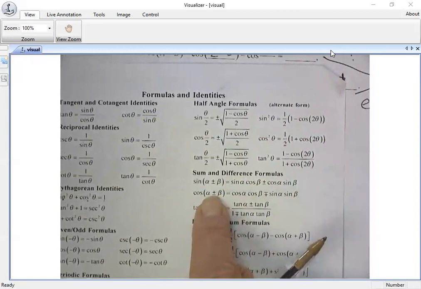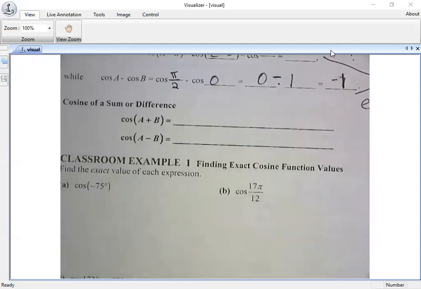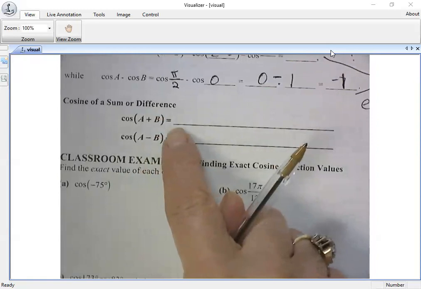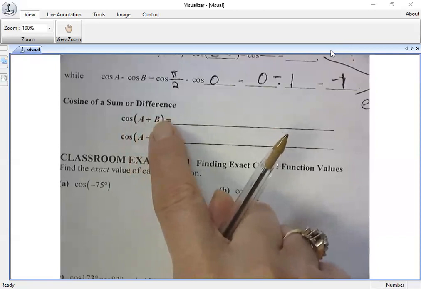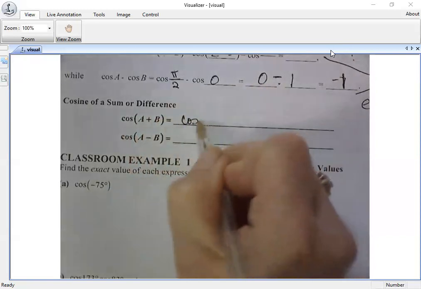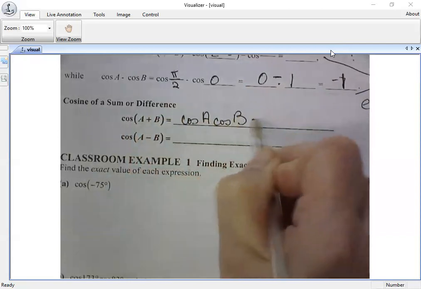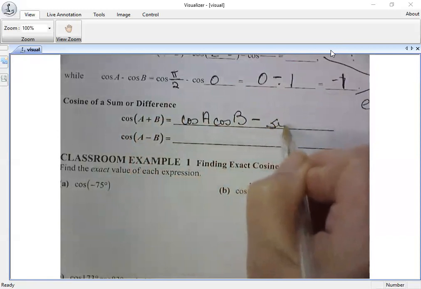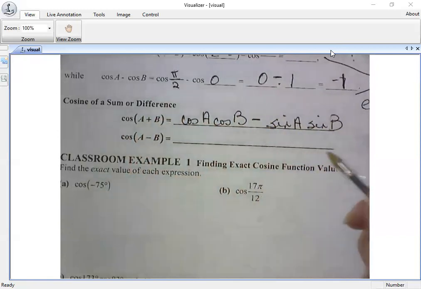If you're using the minus sign, you're going to use whatever sign is on bottom. So here's what these formulas are. The cosine of angle A plus B is going to have to end up being the cosine of angle A times the cosine of angle B minus the sine of angle A times the sine of angle B.